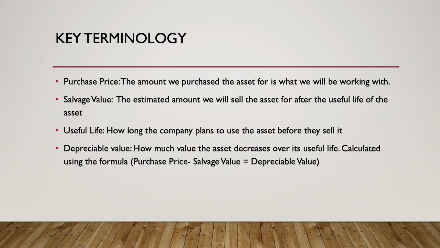So our key terminology we're going to be working with is, first and foremost, the purchase price. The amount we purchase for the asset is what we will be working with. So if I buy a truck for, say, $60,000, it's going to be accounted for as $60,000 in our books.